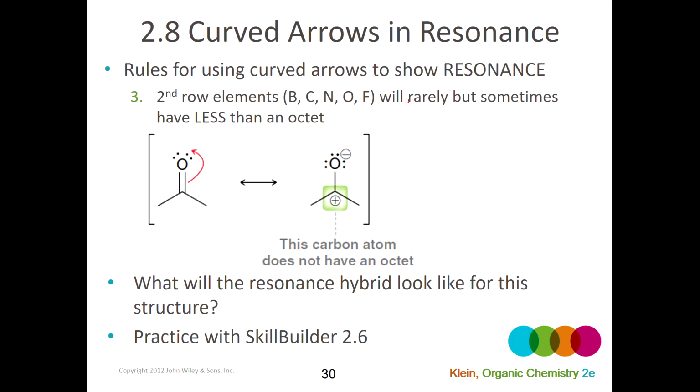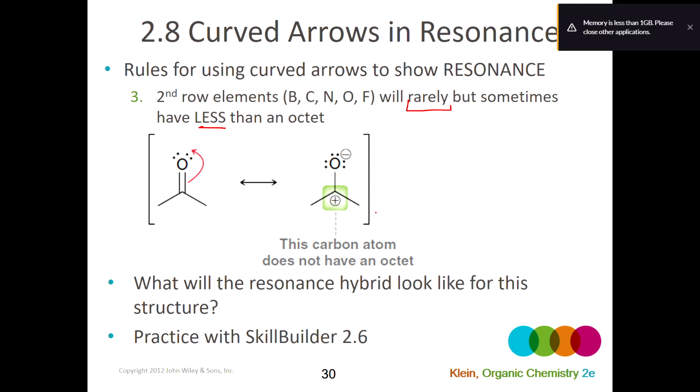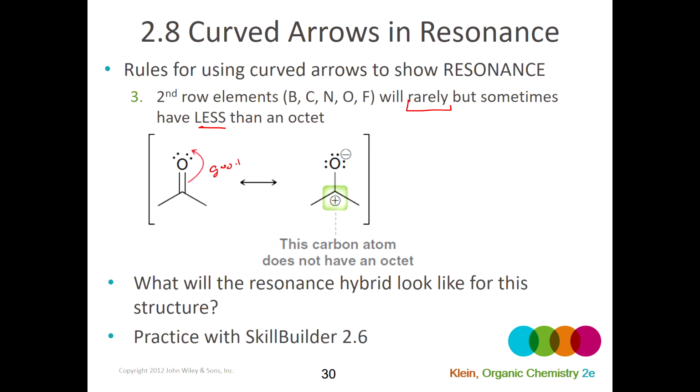Sometimes, but not very often, second energy level atoms may end up with less than 8 valence electrons. So this can happen. It's not very stabilizing, but it is significant. So this is legit. This is a good arrow. This arrow shows the pi electrons moving up to the oxygen.